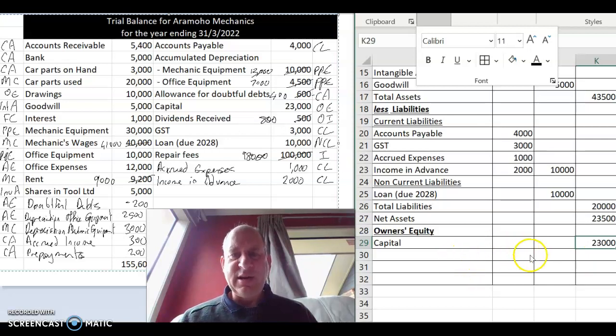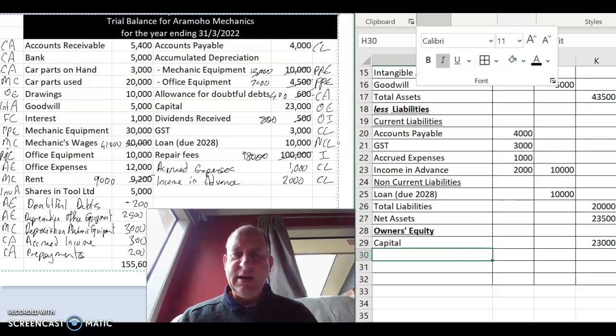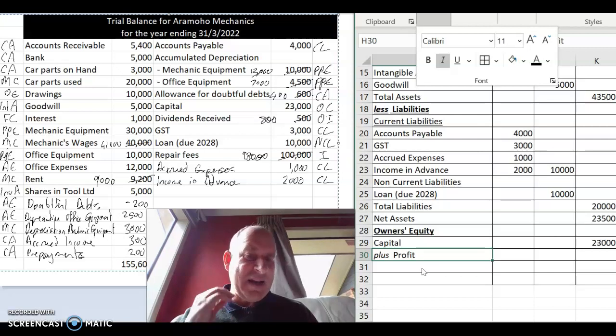What do we add to capital? Alright, so we're going to put plus profit. In this case, the profit's not given to us. We could calculate it by adding up all our income here and taking away all our expenses. But we're going to do it a different way. We're going to leave that till last. What do we take off from capital?